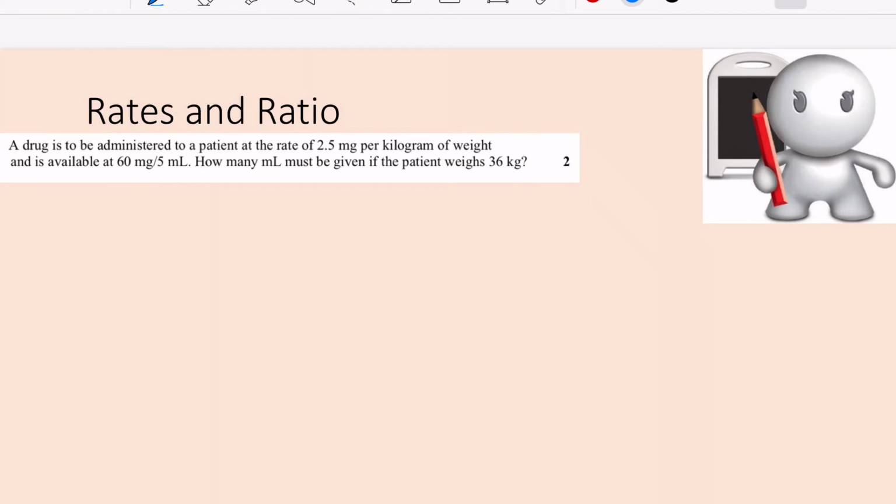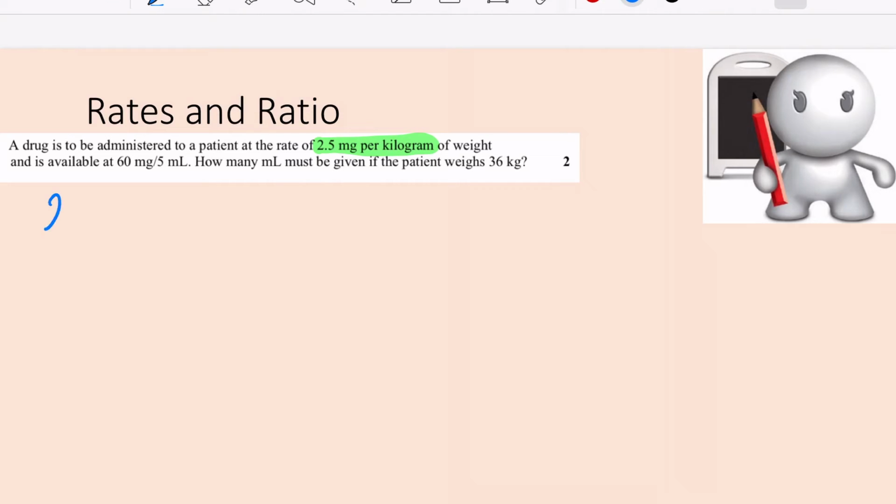A drug is to be administered to a patient at the rate of 2.5 milligrams per kilo of weight, and the drug is available at 60 milligrams per 5 milliliters. How many milliliters must be given if the patient weighs 36 kilos? Here is a really important detail: the drug is administered at 2.5 milligrams per kilo of weight.